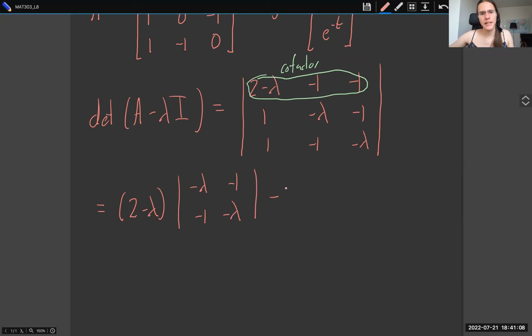Then we have minus this matrix, -1 minus lambda, 1, 1, because it teleports, and then minus this, and it's this, 1 minus lambda, 1 minus 1.